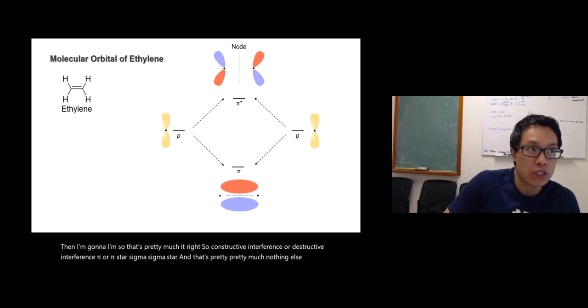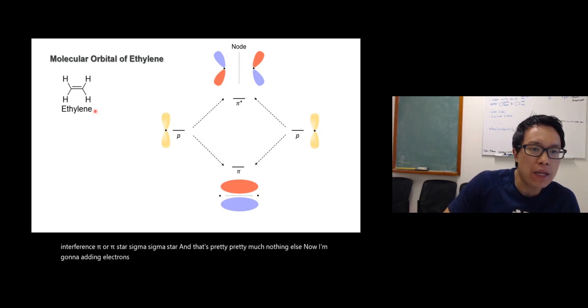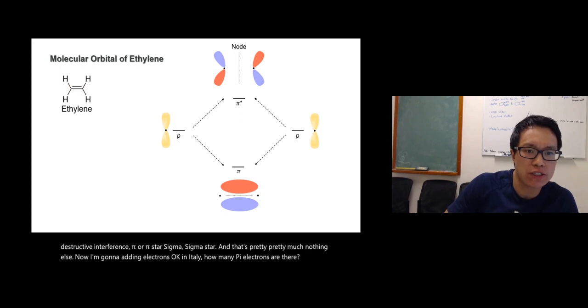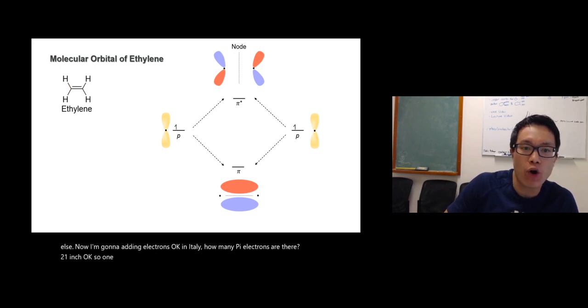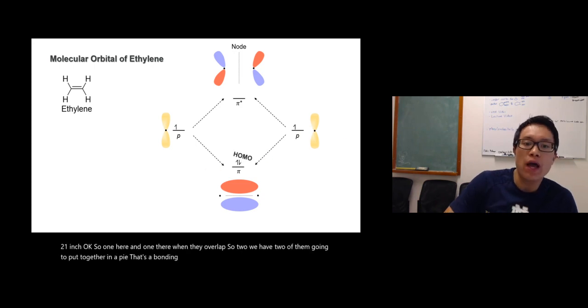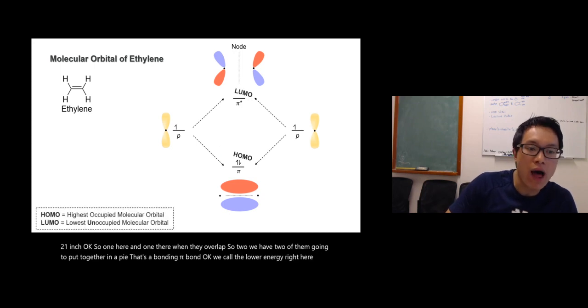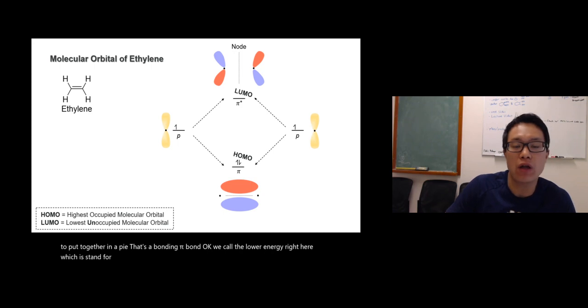Now I'm going to add electrons. In ethylene, how many pi electrons are there? Two, one each. So one here and one there. When they overlap, we have two of them going together into the pi. That's a bonding pi bond. We call the lower energy orbital right here the HOMO, which stands for highest occupied molecular orbital.